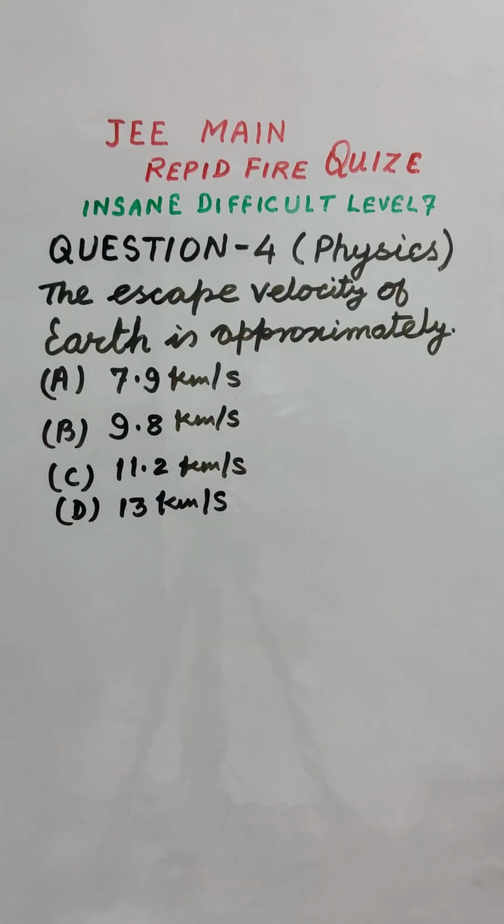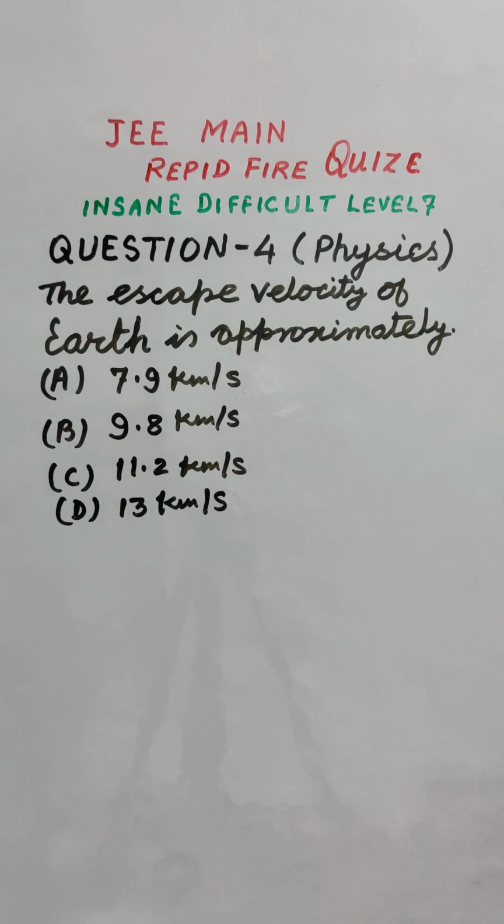Our fourth question, which we have taken from physics: the escape velocity of Earth is approximately. The escape velocity of different planets is different. I will tell you how it is.